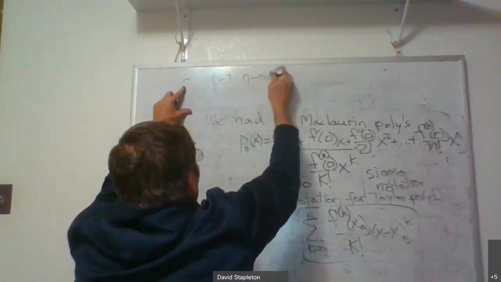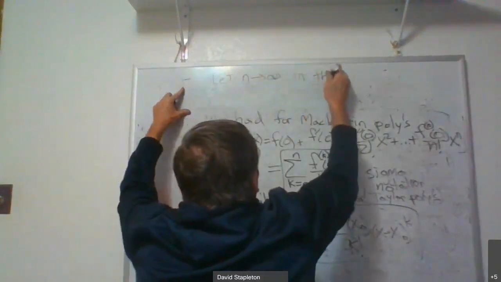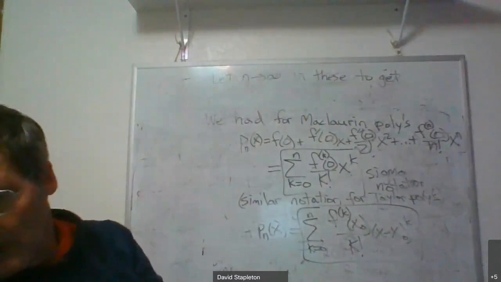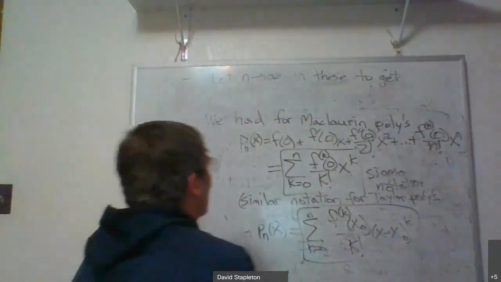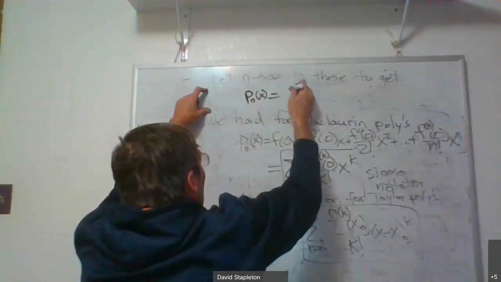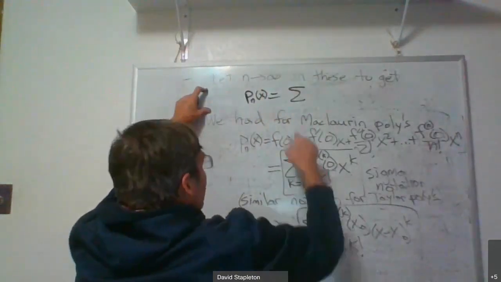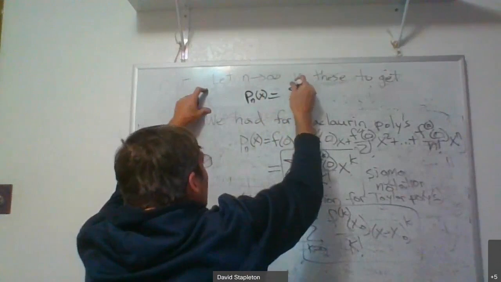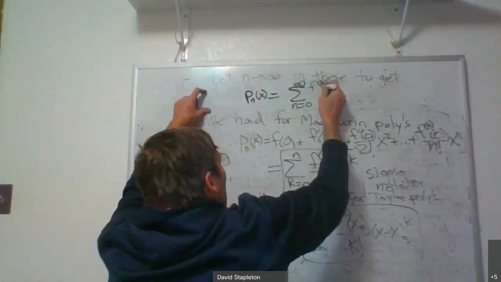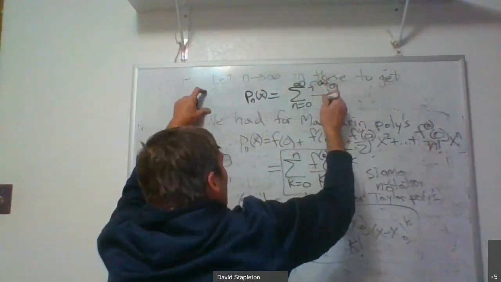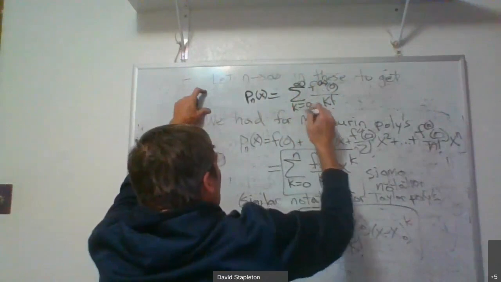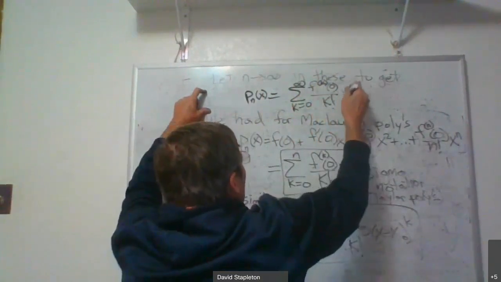As we go to infinity in these, you get, in the first case, the limit of the sum, k equals 0 to n, of f^(k)(0) over k factorial x to the k.